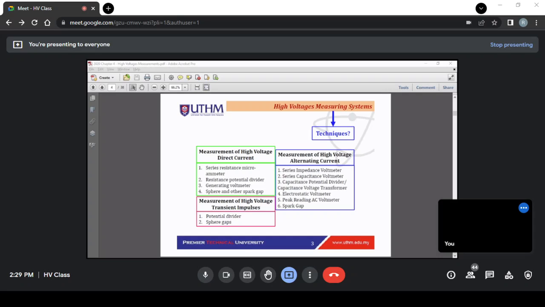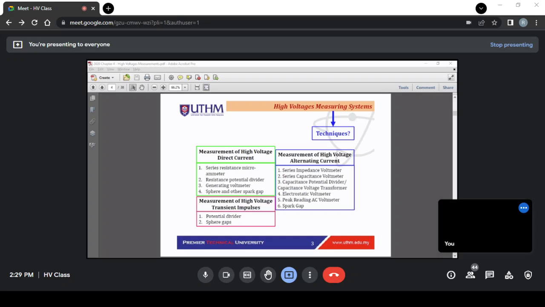What else? These are the two most popular approaches to reduce the magnitude of voltage. I'm not talking about high voltage yet. If we are talking just about voltage, we can reduce it by using transformers and voltage dividers. A voltage divider can be made of capacitive or resistive equipment.